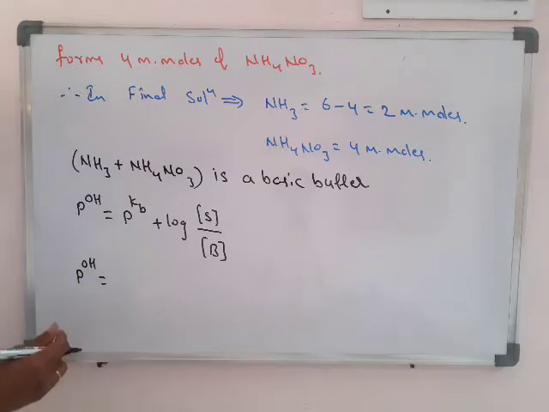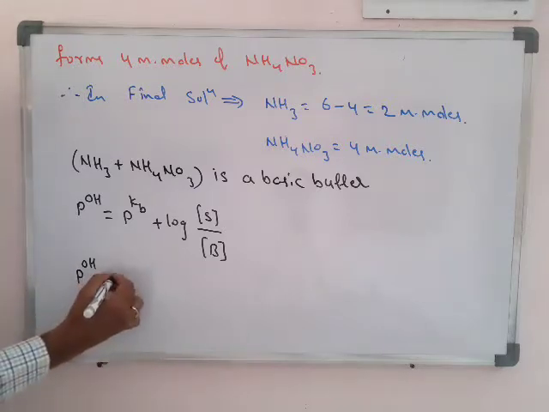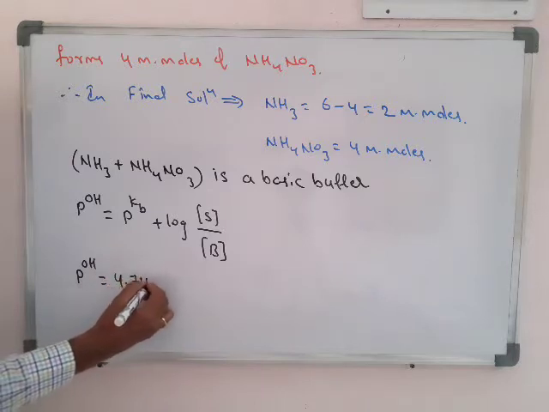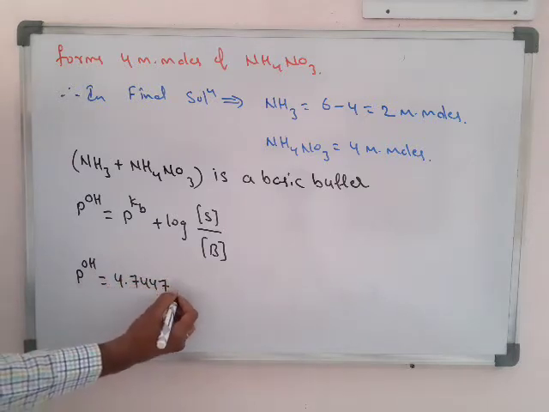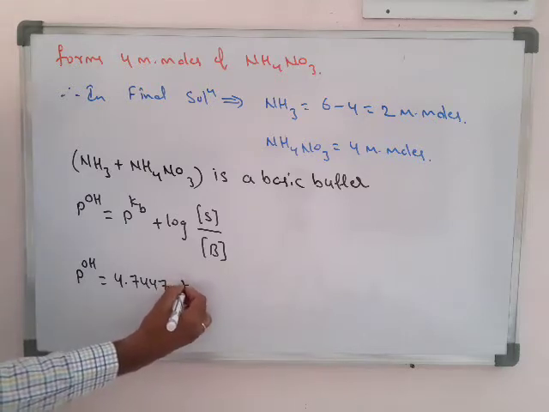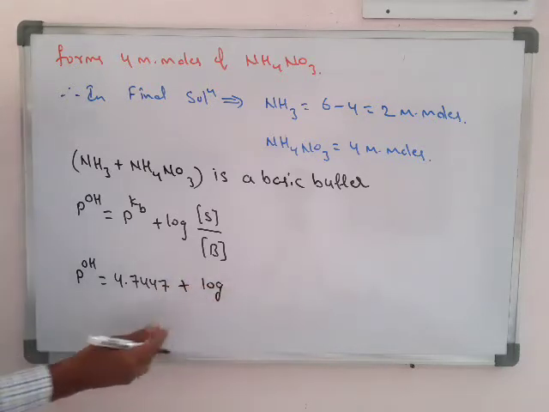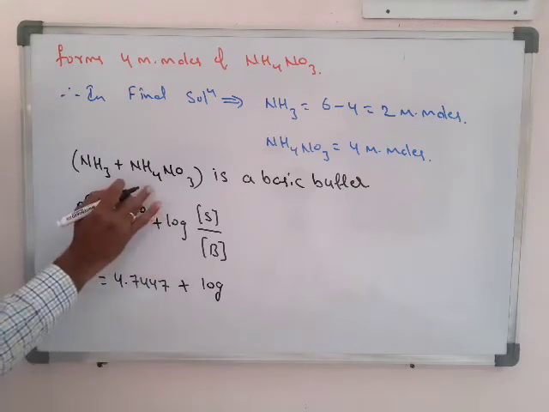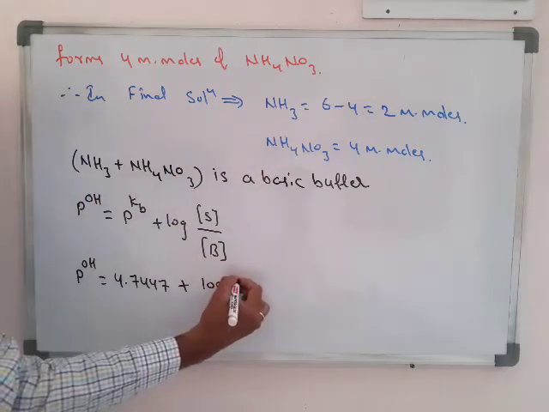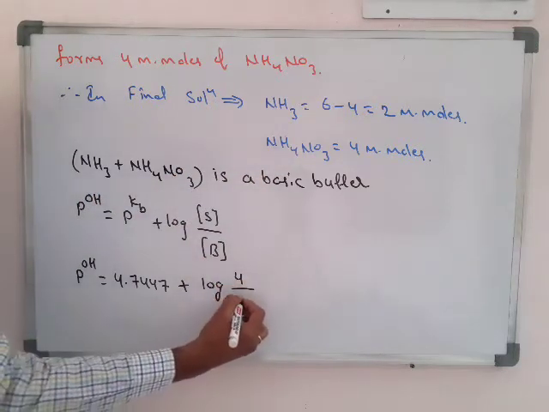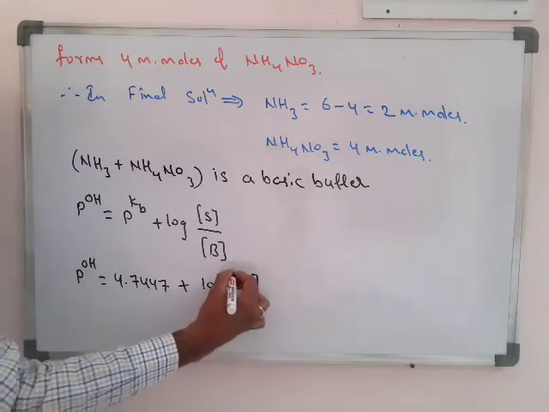The pKb was given separately in the brackets, that is 4.7447. In the problem they always give the pKb here. Then log: what is the salt concentration? The salt, ammonium nitrate, 4 millimoles by ammonia 2 millimoles.